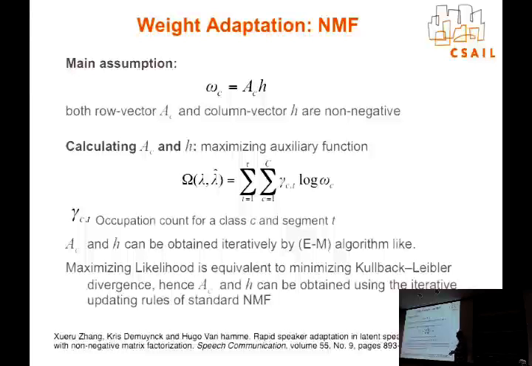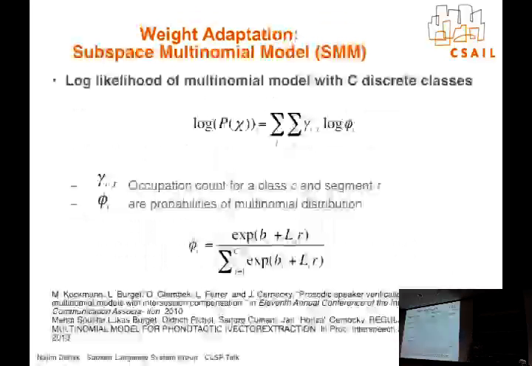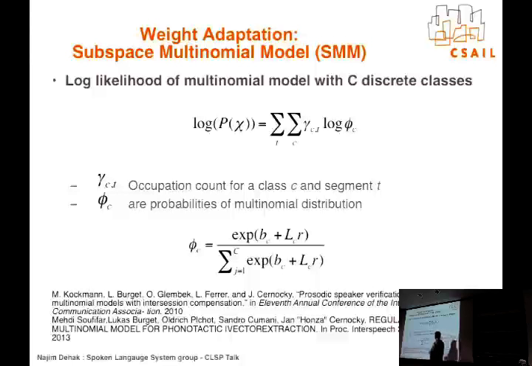And this is the paper that, for example, has been used for speech recognition. This is NMF. You can also use the subspace multinomial model, which is actually in Kaldi. You work in the log domain, on log probabilities. So you have a subspace here that is the universal background model, and you have a shift, and the denominator makes sure that this sums to 1.